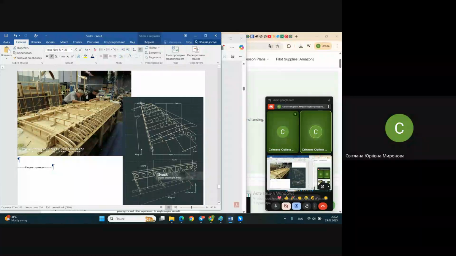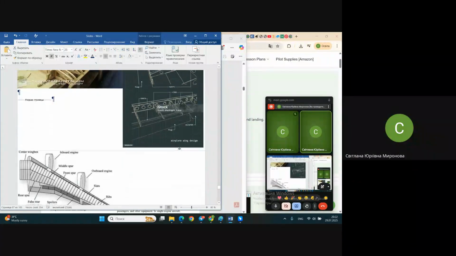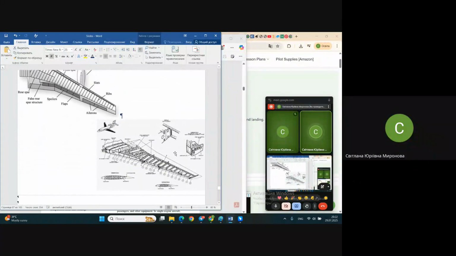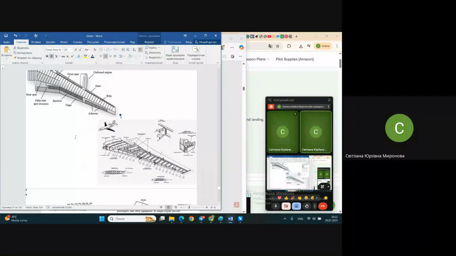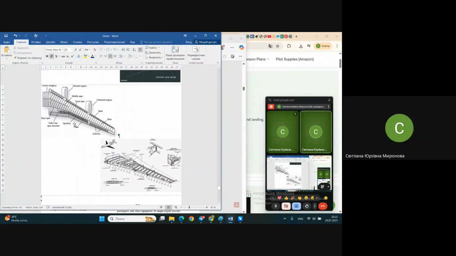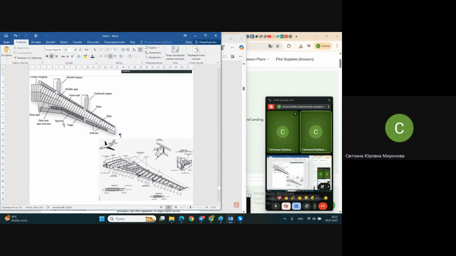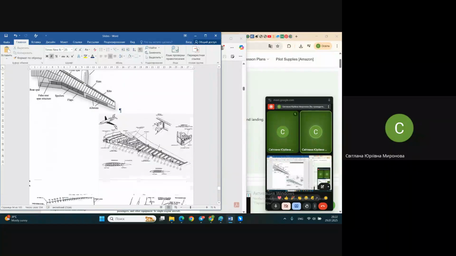And a similar picture explains what it looks like. Very similar. Here are some pictures that show us, not so brightly, theoretical lines of different elements of the airplane inner structure.